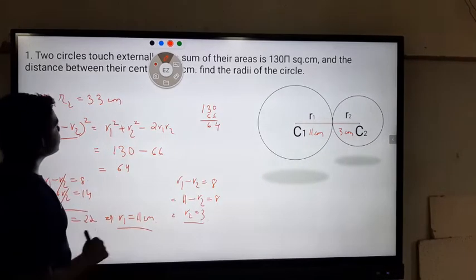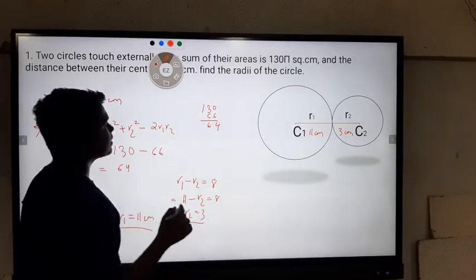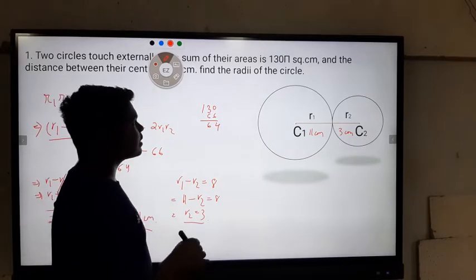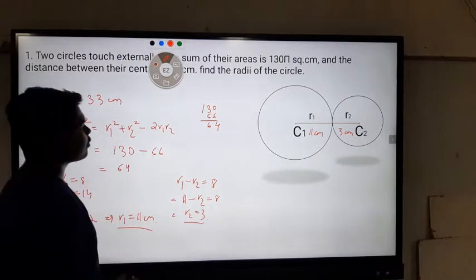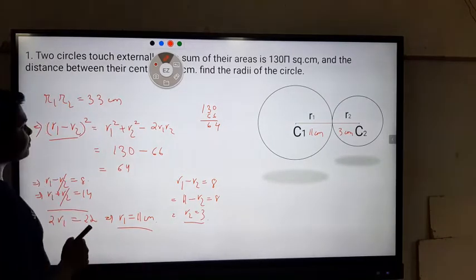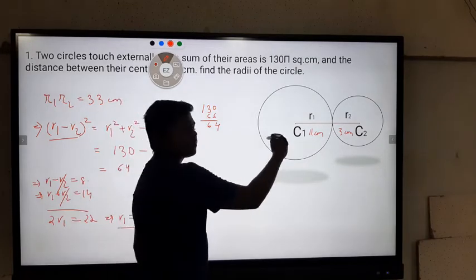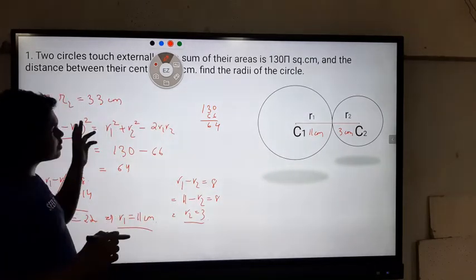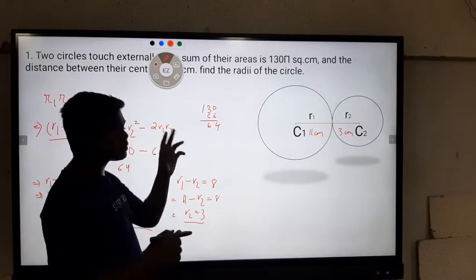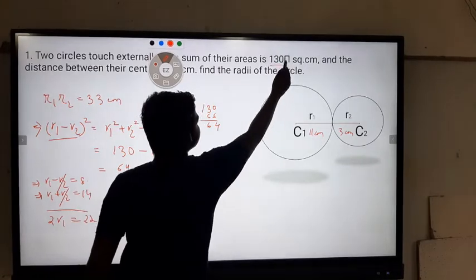So we have completed this question. Again, I am explaining: two circles are touching externally, and the sum of their areas is 130 pi square centimeter, and the distance between their centers is 14 cm. We have to find the radius of both circles. We took pi R1 square plus pi R2 square, the area of circles, which gives 130 pi.